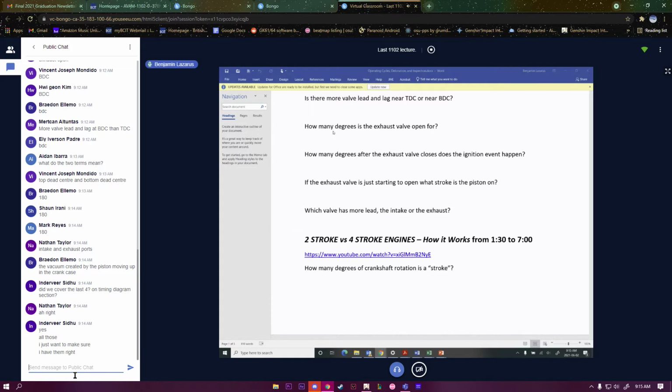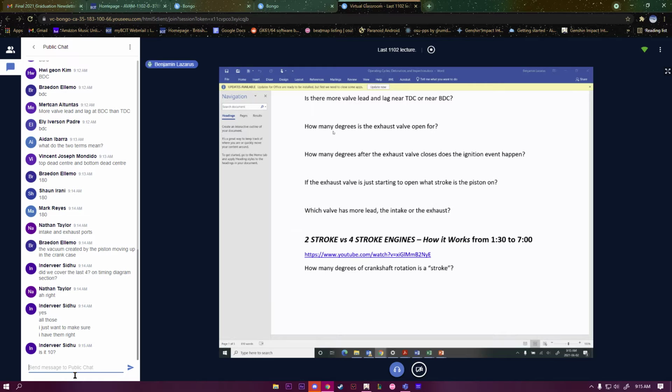Okay, what's your answer? The exhaust valve is open for 10 degrees. That most certainly is not right.